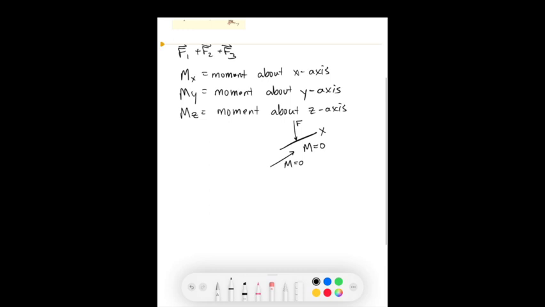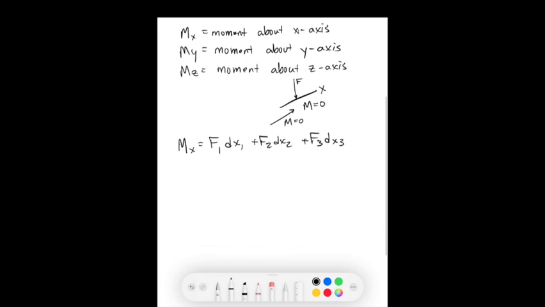So let's start with the x-axis. We know that we're looking for the resultant, so we have to add up each force moment. Okay, so force 1 we're told is equal to 60 pounds.